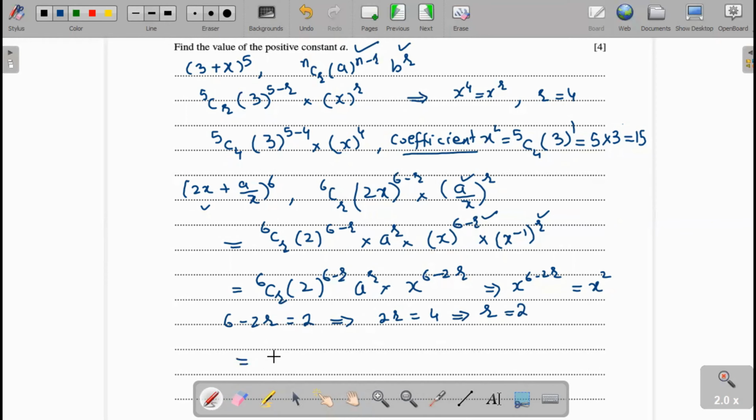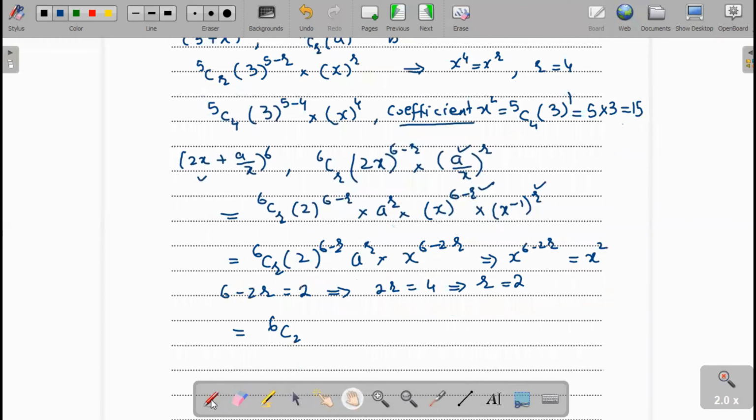Now we write 6C2 times 2^(6-4) times a^2 times x^2.